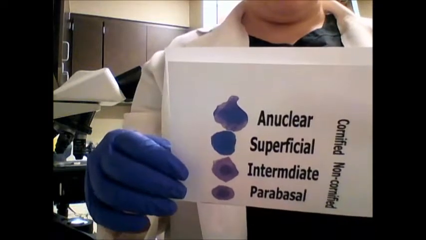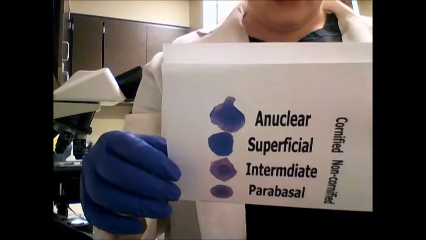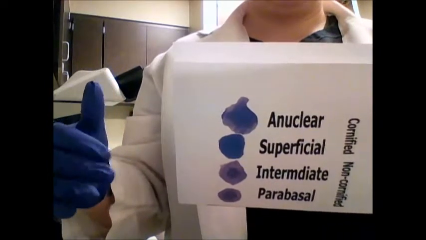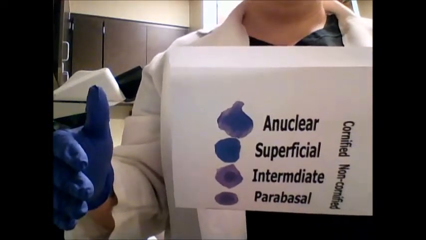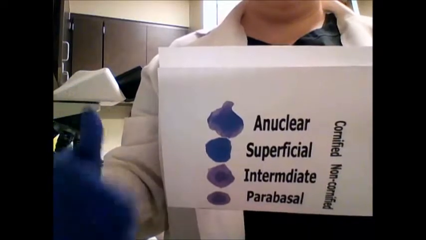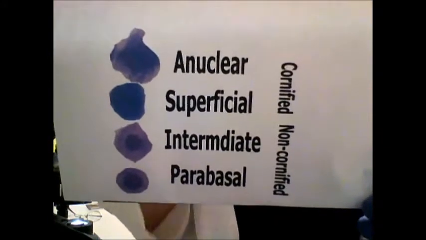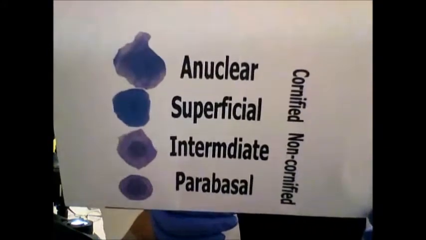In late proestrus, you're going to start seeing a lot more red blood cells. This is when the patient is bleeding. Then that's going to go through estrus.